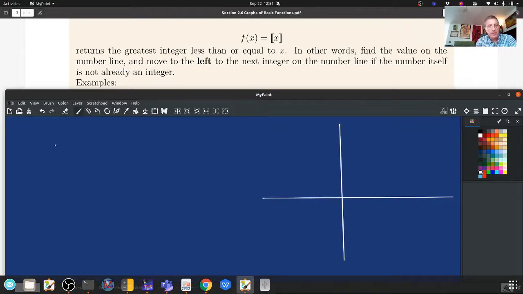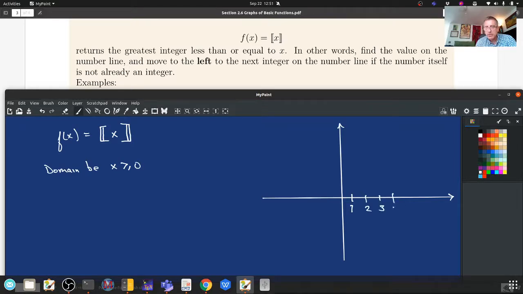So f of x is equal to, and it kind of looks like a closed interval. They have that double bar there. So let's let our domain be x greater than or equal to 0. I'm going to divide this off a little.